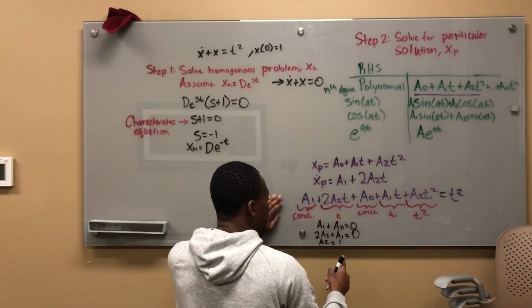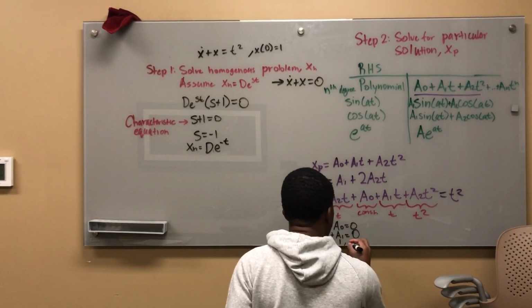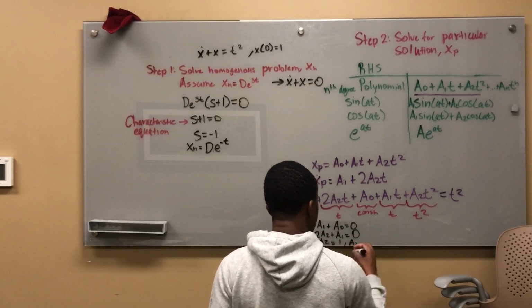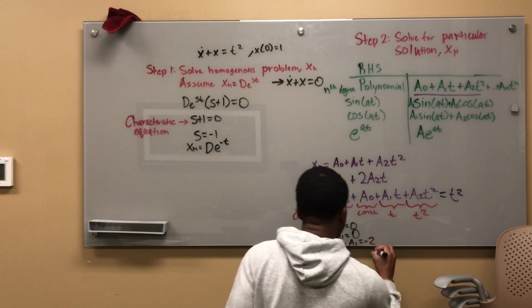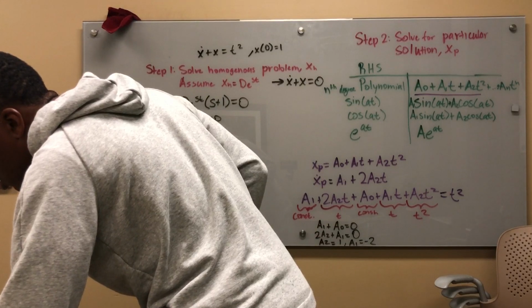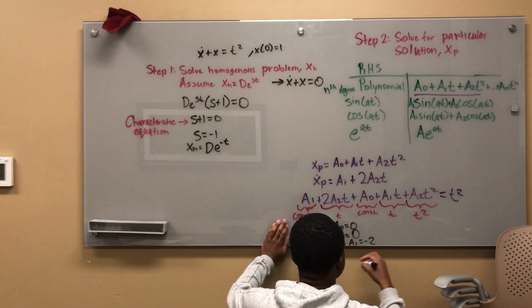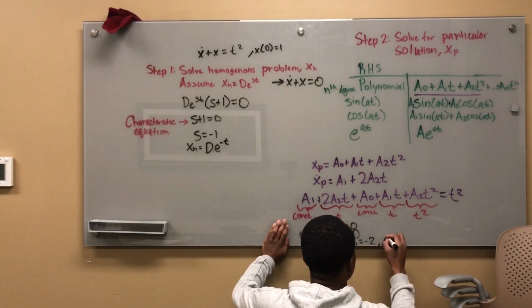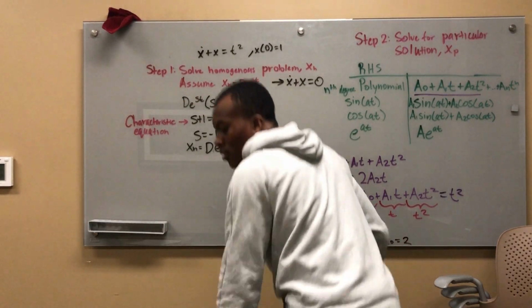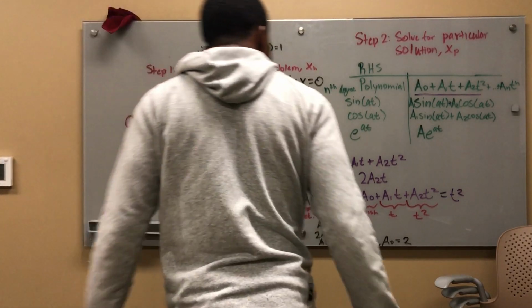So now I can come back in and solve for this. If A2 equals 1, I know that A1 is going to equal, let me just do the math in my head really quick, A1 is going to equal -2, right? And let me just double check myself. Okay? And then if A1 equals -2, A0 equals 2, right? Yes.